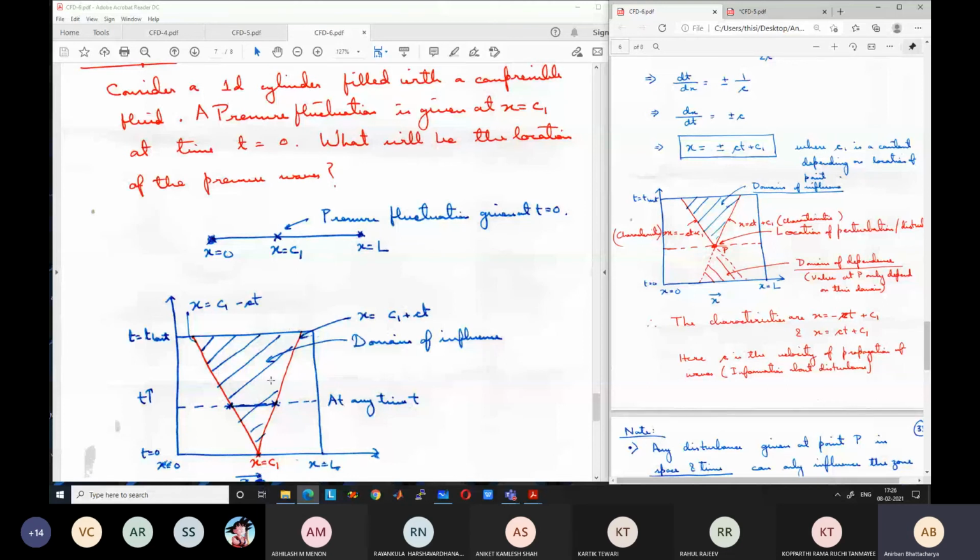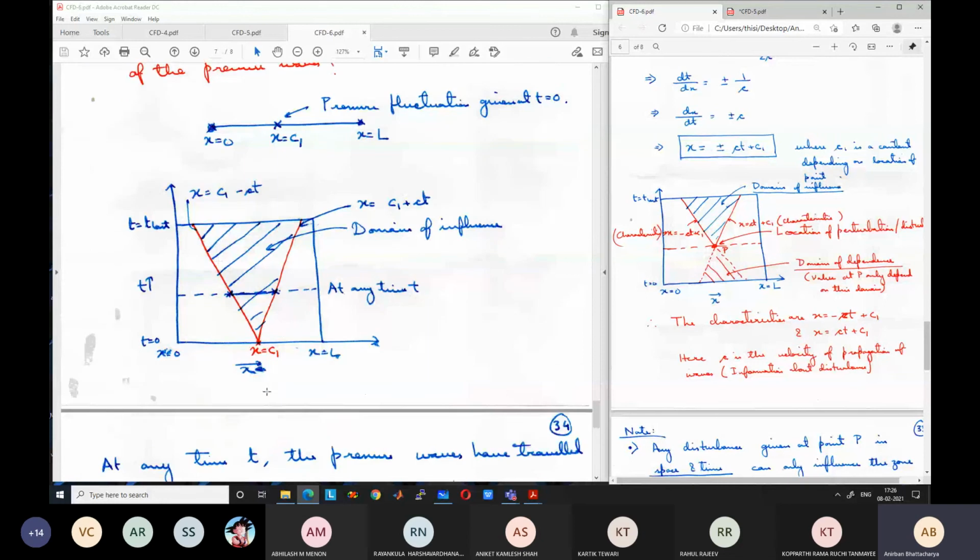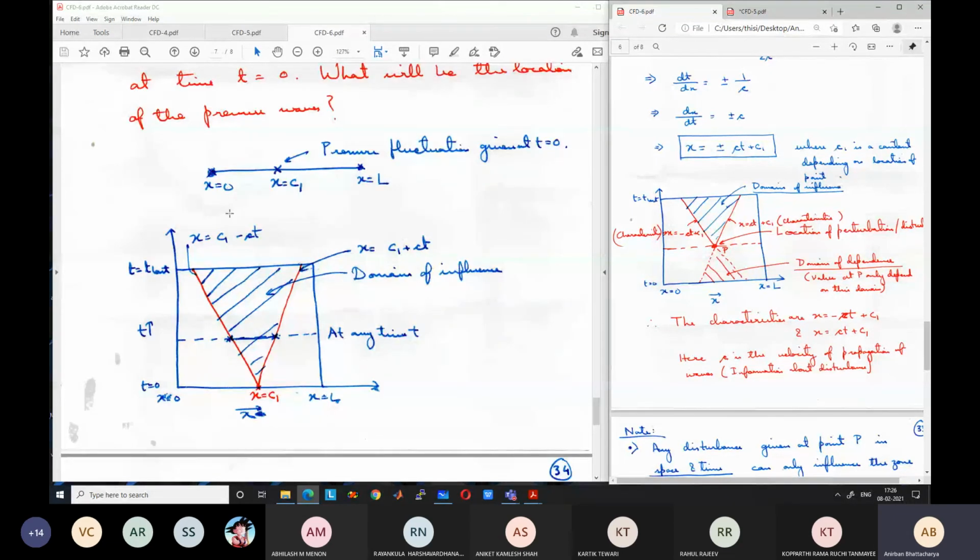At any given time, if you draw a horizontal line, you can get the space in the cylinder up to which point the cylinder is getting influenced. So even after some time has passed, the cylinder is getting influenced only up to this point. It means that the boundaries are still not getting affected. Only certain locations are getting affected. The information yet has not reached the boundary.